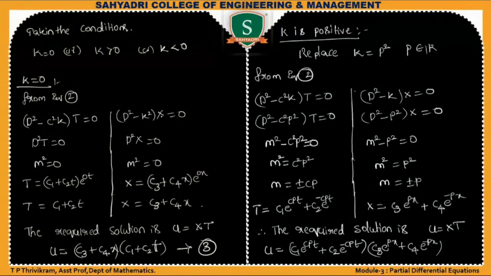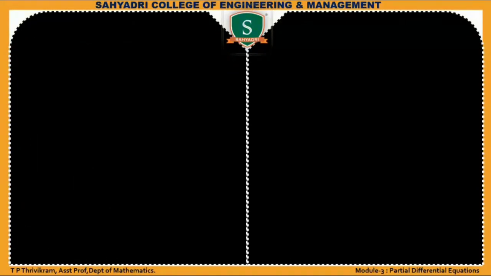Okay. So the next condition is k is negative. When k is negative, let us see what happens.